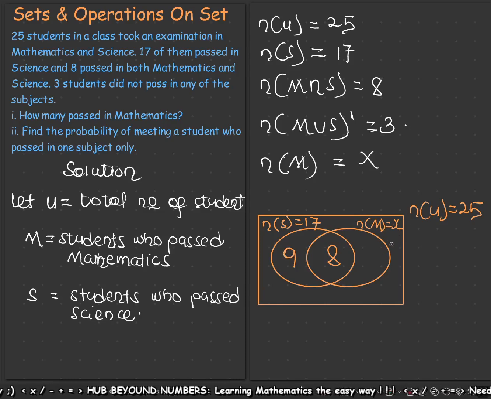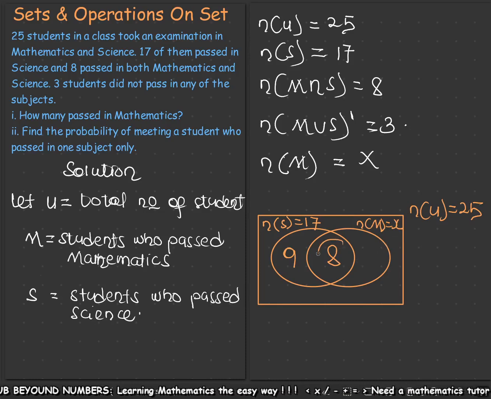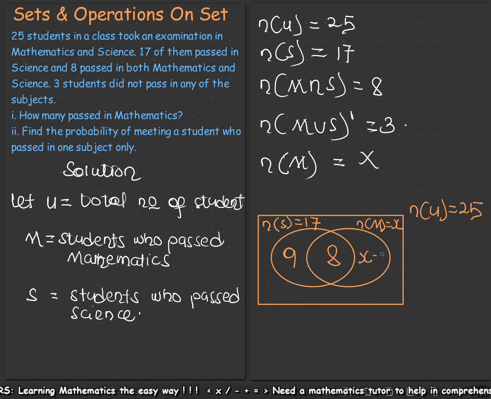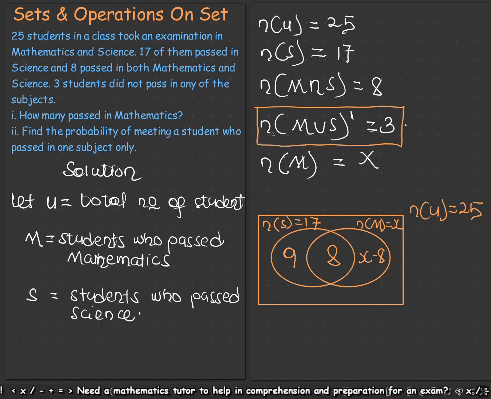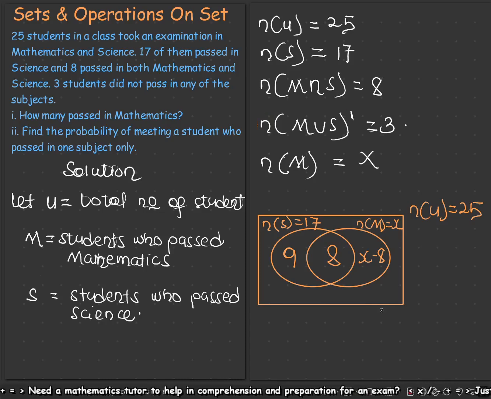Then we come here and say that the total number who passed in maths is X, but 8 has already been taken. Hence what we have here is X minus 8. So this here is your Venn diagram. But take note, we're given the complement to be 3, so you put your complement, which is 3, outside here as well. And with that, you are done with your Venn diagram.